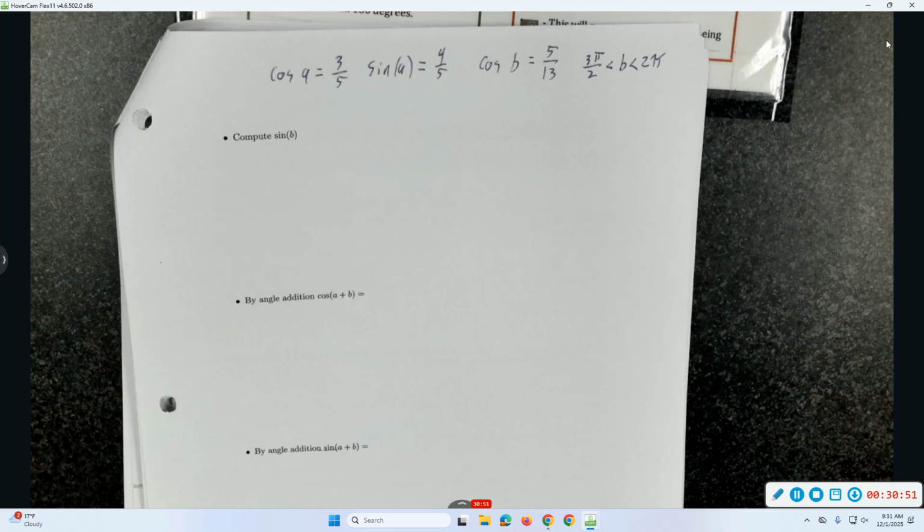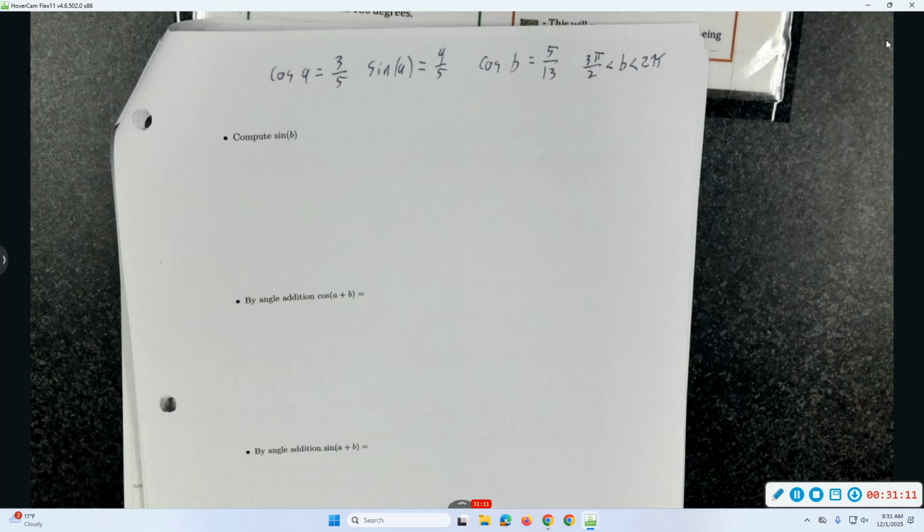Sine of B computed. Compare with those around you. Cool. Folks feeling confident? All right.